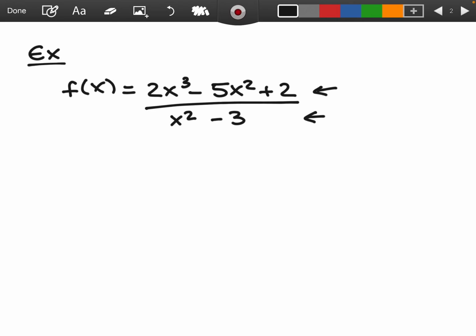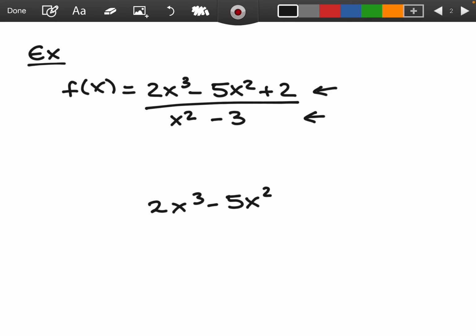If you have a difference of more than 1, for example if the degree of the numerator was 4 and the denominator was 2, then there is no horizontal asymptote and no oblique asymptote. This is only when you have the difference of 1. So we've got to go ahead and do that polynomial division.